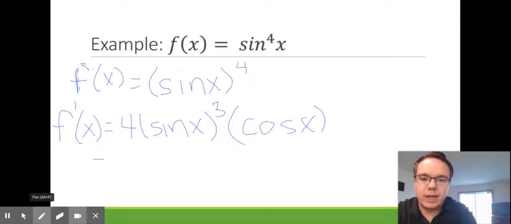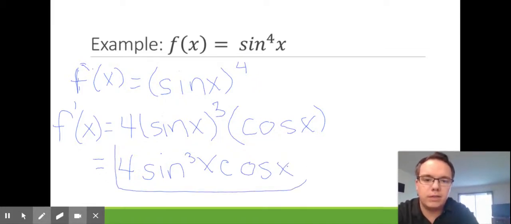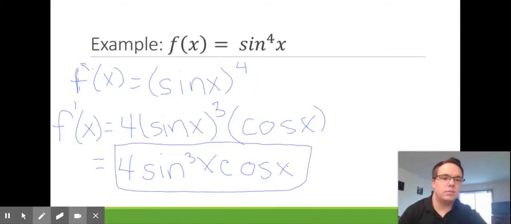If we simplify our answer, we have 4 sine cubed of x times the cosine of x. So that is our derivative. That's an example using the chain rule with a trig function. Remember, we just bring our power down, subtract 1, keep what's in the parentheses the same, and multiply by the derivative of what's inside the parentheses.